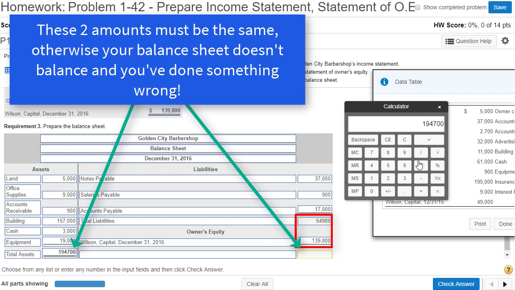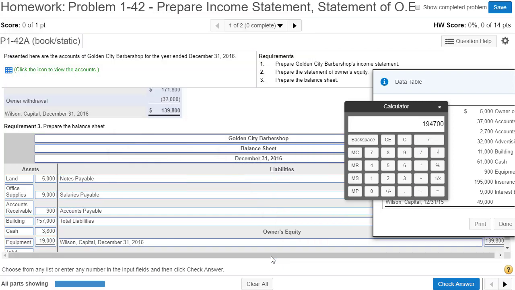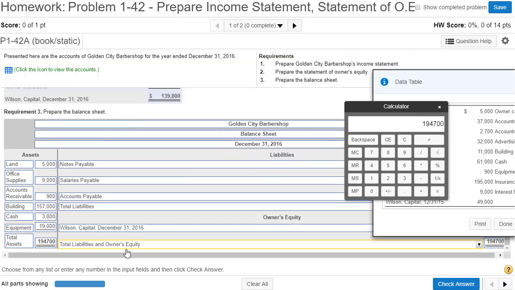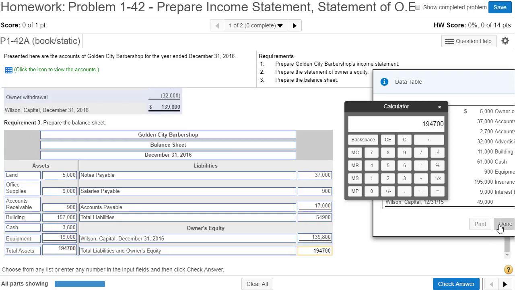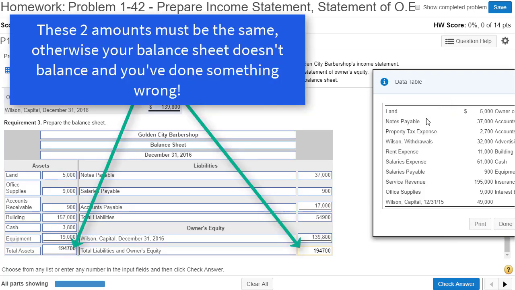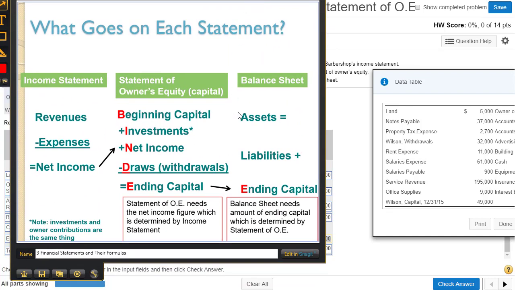So click here, shoot the amount over there, and that's called total liabilities and owner's equity. So all I've done is added liabilities plus owner's equity, also called capital. So now our balance sheet is complete. We've proven that assets equals liabilities plus ending capital.